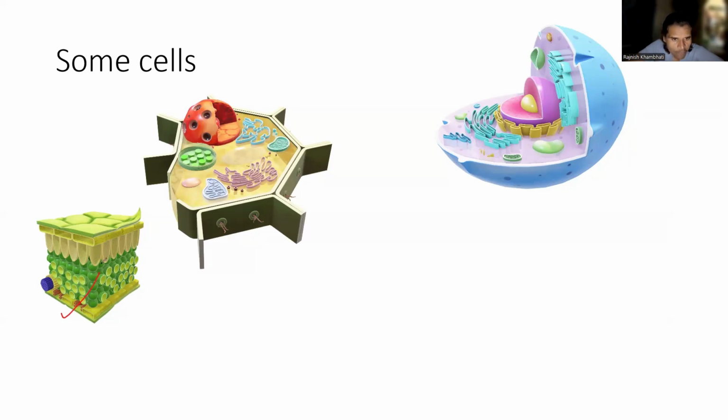These are the palisade cells, which are elongated, and these are the mesophyll tissue, which are circular, round to oval in shape. And this is the outer epidermal tissue or cell, which is a flat structure. So you can see as the structure changes, the cell shape and the size also change.